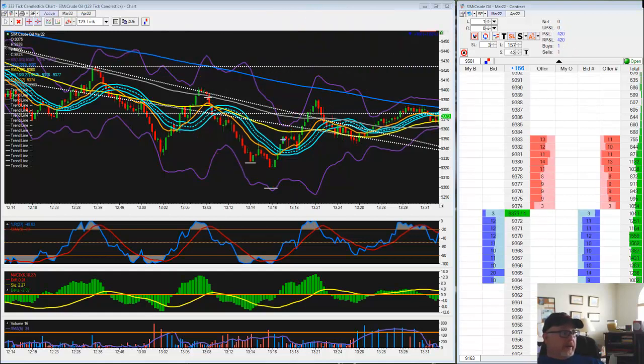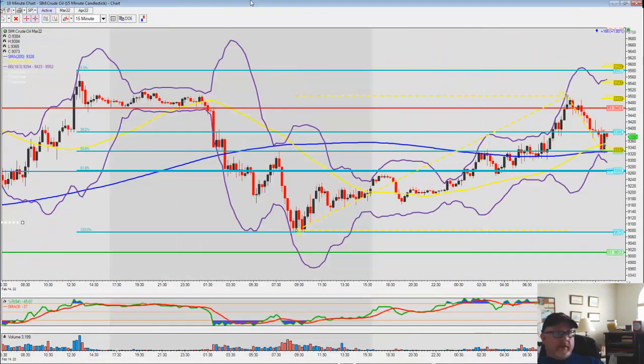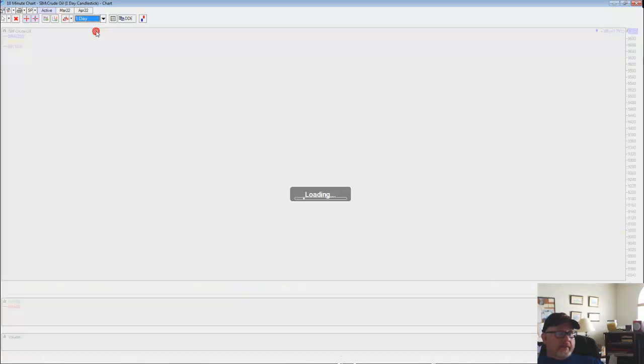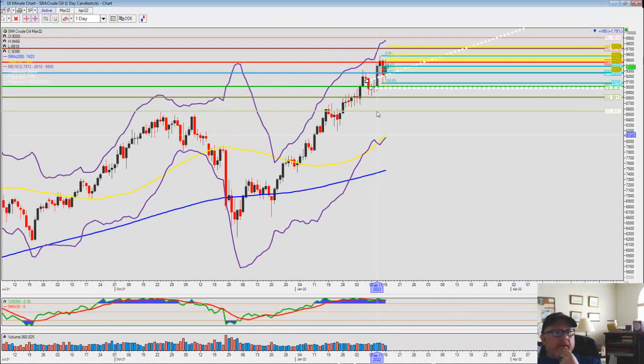So if we go back and look at, pull this chart over and go back to our dailies, I mean, we're closing in on it, right? There's your high mark right there. And we'll be switching contracts, I guess, this week at some point.